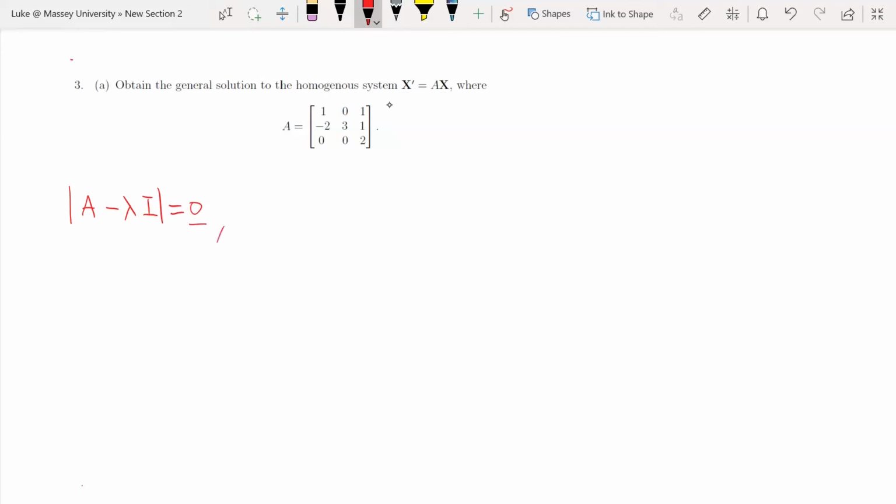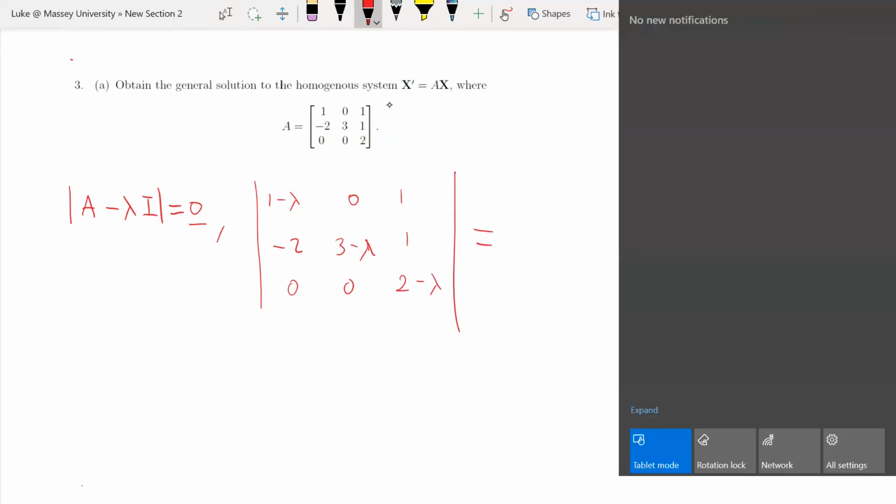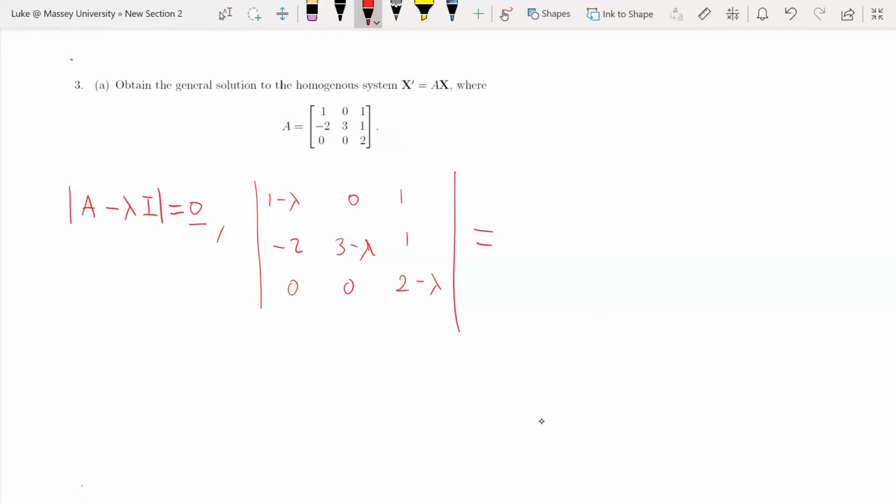Okay, so what is that? Well, A minus lambda I, so that means we subtract lambda on the diagonal. So 1 minus lambda, 0, 1, minus 2, 3 minus lambda, 1, 0, 0, 2 minus lambda. Okay, so that determinant of a 3 by 3 matrix, there are some zeros here, so this is going to be a little bit easier.